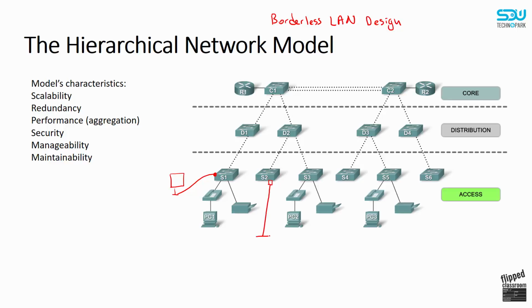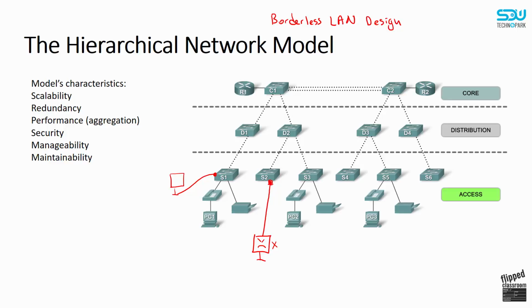It means that you have to provide security right here in this part, in the access layer part. And if someone with computer X will try to be connected to the switch 2, you can make filtration right here. Okay, so you can make decision. Does this computer have ability to be connected to the network or not?